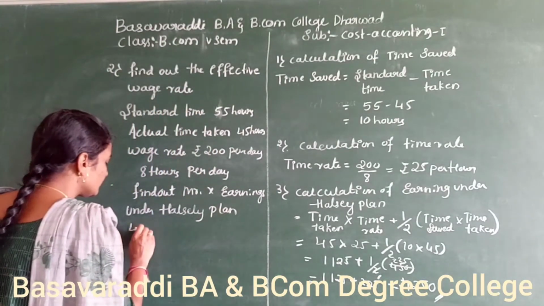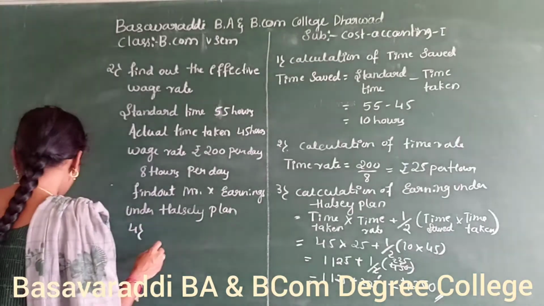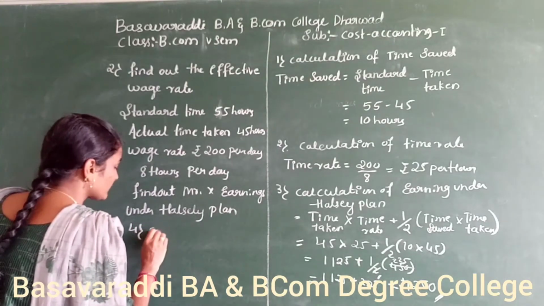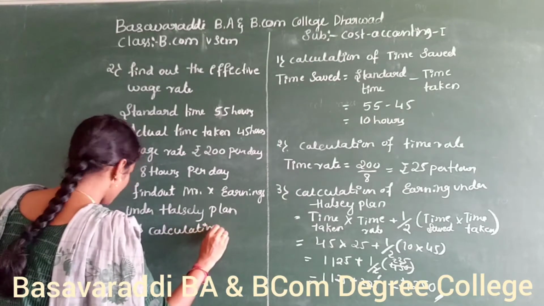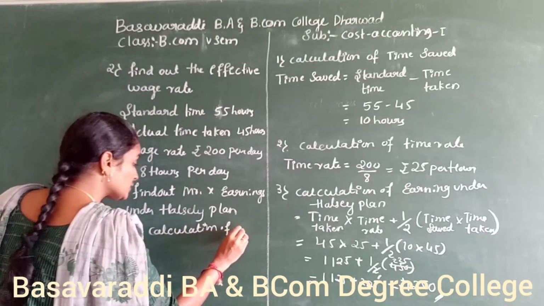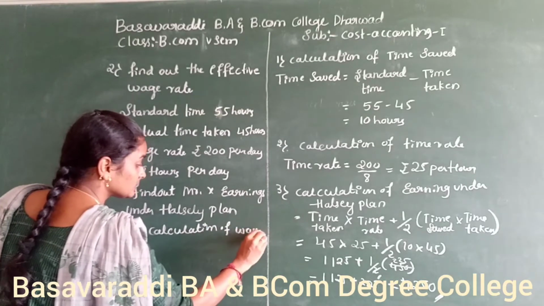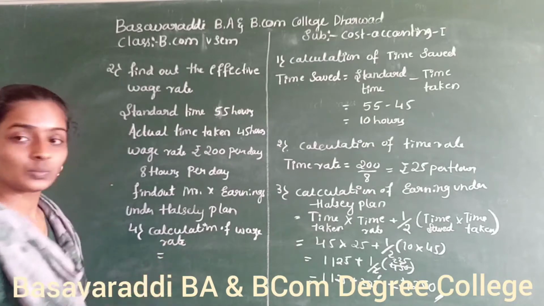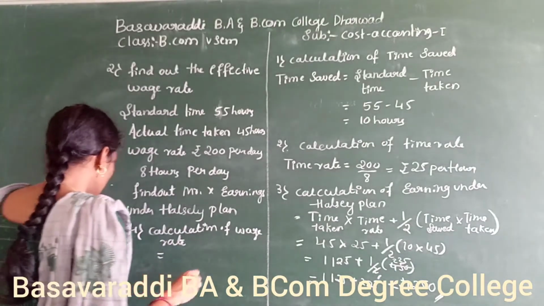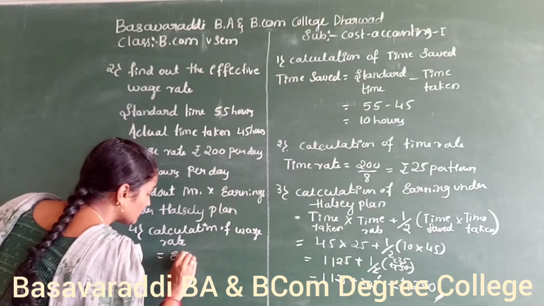Working note number 4: calculation of wage rate is equal to earnings divided by time taken.